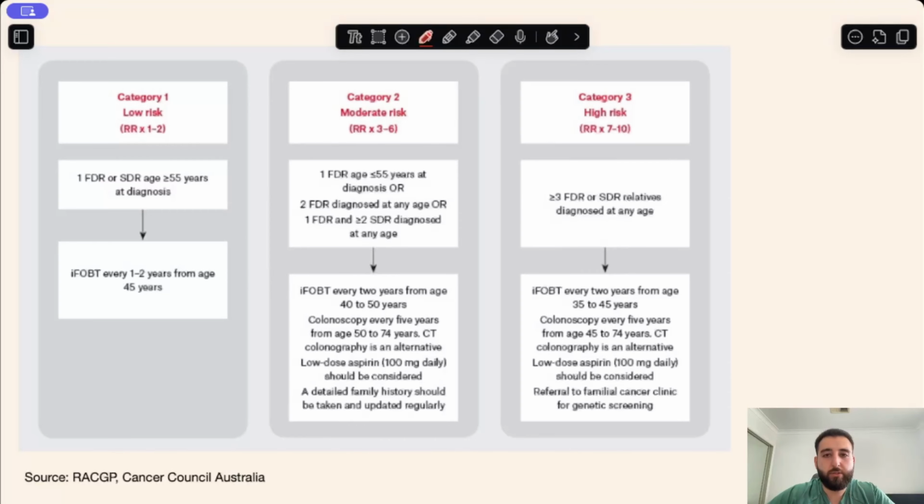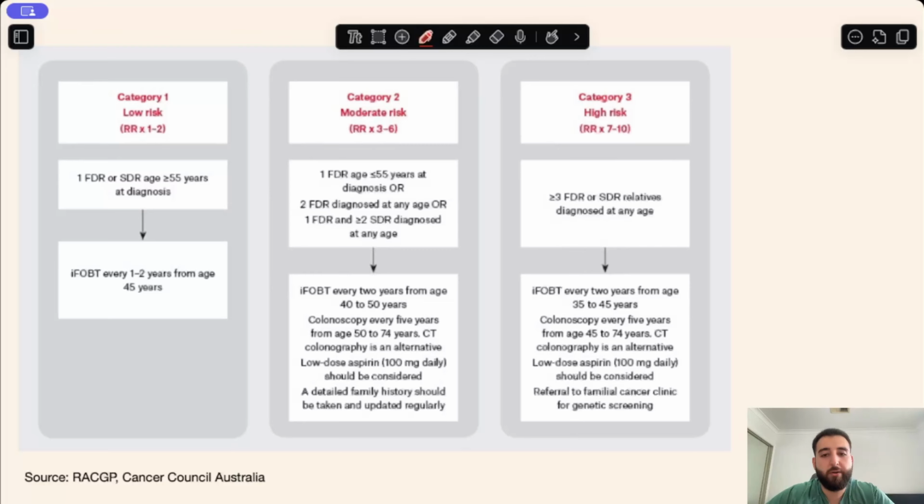In category 2, the moderately increased risk group, they have a relative risk of about 3 to 6 times the normal. In order to be categorized within this group, you need to have one first degree relative diagnosed with colorectal cancer before the age of 55, or 2 first degree relatives with colorectal cancer at any age.